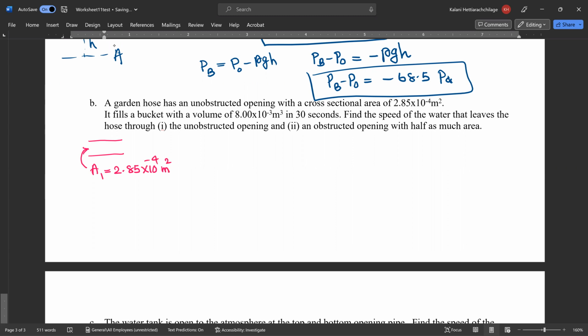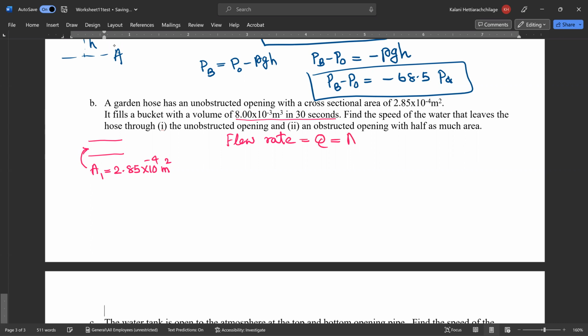And now it fills up a bucket with volume of this much in 30 seconds, right? So now I need to understand what is given here. Remember the flow rate that we discussed, we use the letter Q for that.